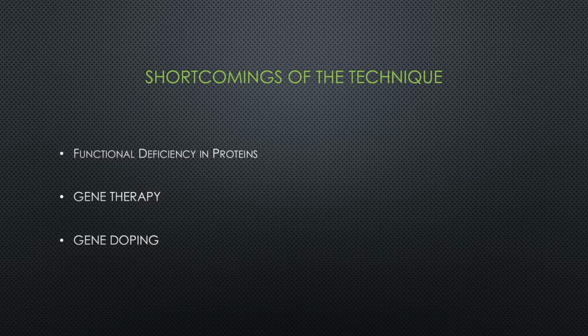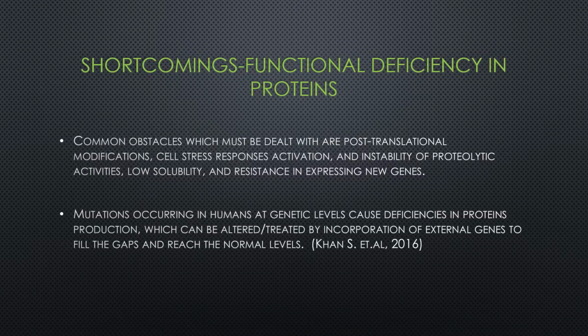Let's discuss now the shortcomings of recombinant DNA technology. So we have the functional deficiency in proteins, gene therapy, and gene doping. The first shortcoming is the functional deficiency in proteins.